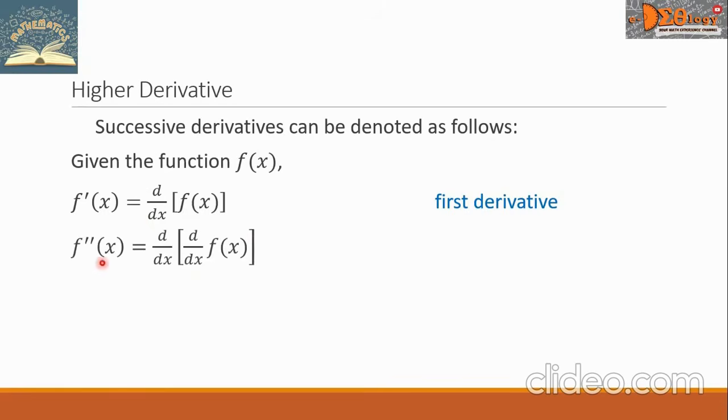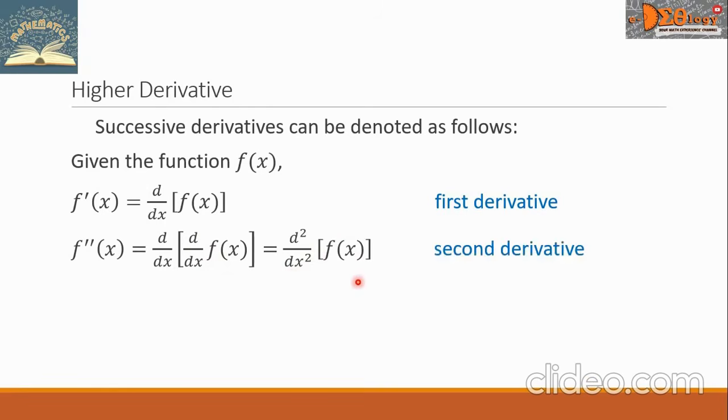F double prime of x is equal to d over dx of d over dx of f of x. Simplifying this, we can write d squared over dx squared of f of x. And this notation is for the second derivative.